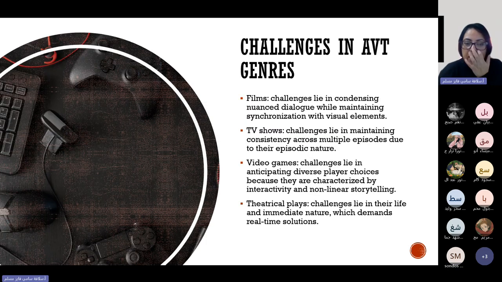The last few things we will talk about are the challenges that we have in translating these types and these genres. Now, for films, the challenge lies in condensing nuanced dialogue.